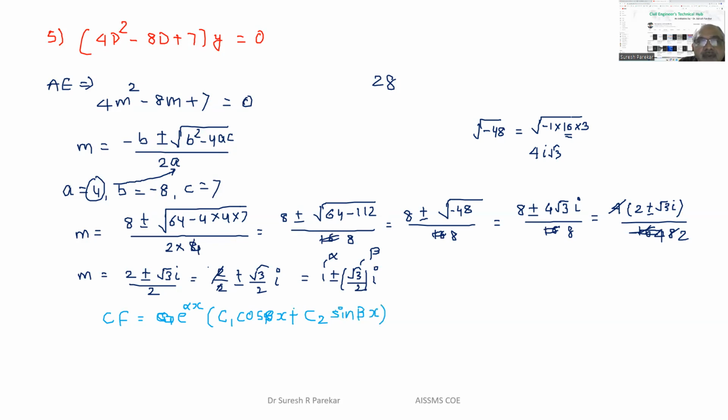The real part we have to consider as the power of e, and the imaginary part we take with cos and sine. Now if we put the values, we get the complementary function equal to e raised to x into (C1 cos root 3 by 2 x plus C2 sine root 3 by 2 x). And from this we have the complementary function for the given problem.